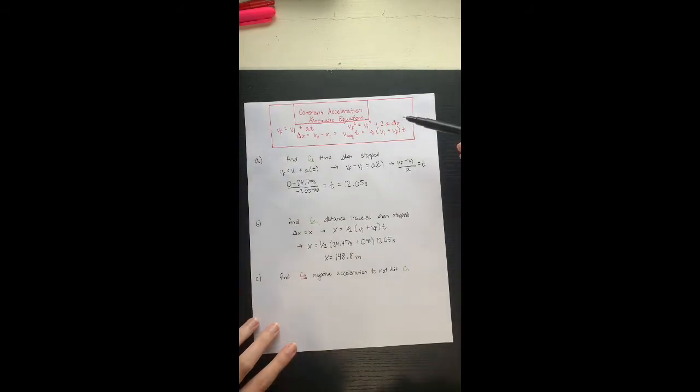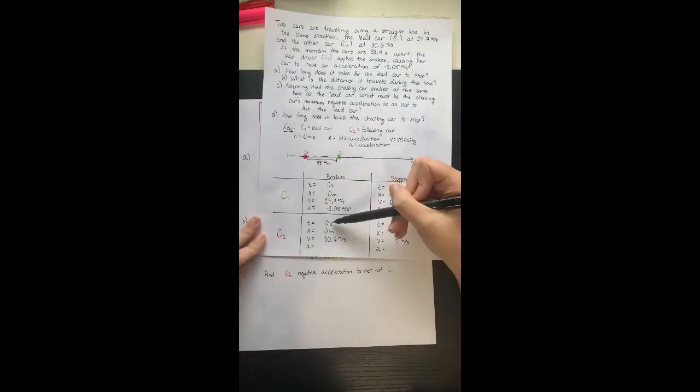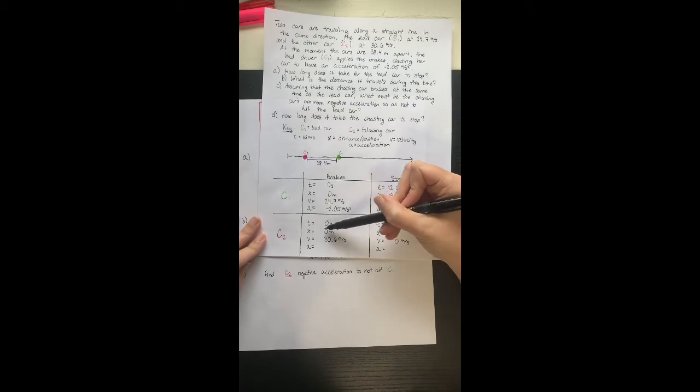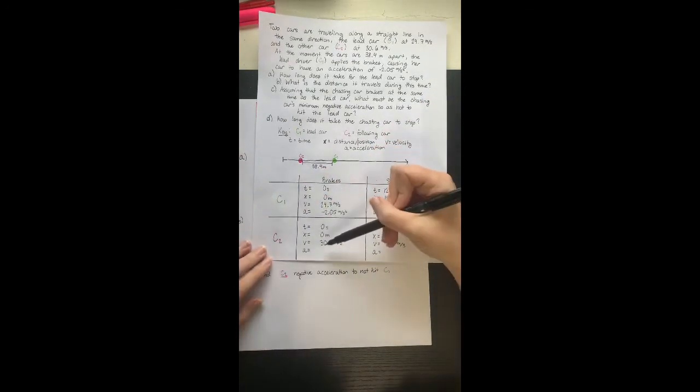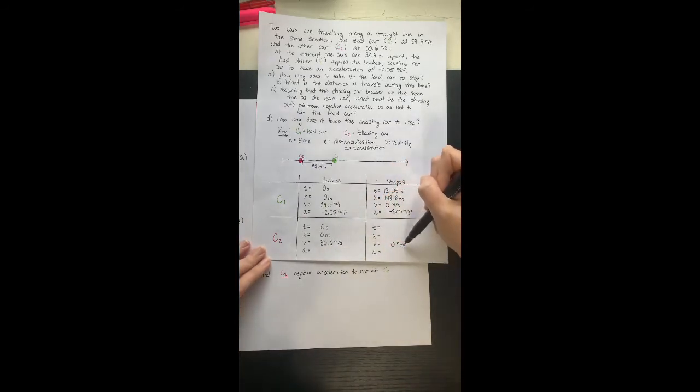Looking back at our equations and what we're given, we have initial time, we have initial position. We went ahead and said that this was 0 because we're thinking of these cars separately. We have our initial velocity and we have our final velocity. Because the car is stopped, it will be 0.